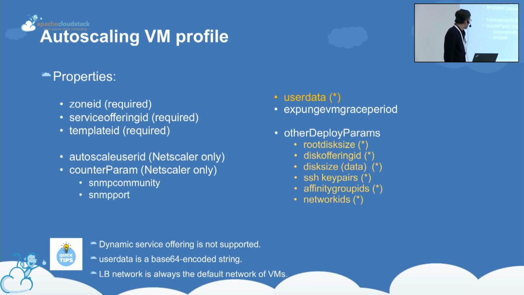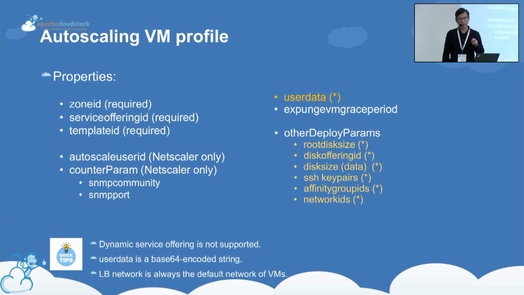Please note, the dynamic service offering is not supported. So the dynamic scaling is also not supported. This feature is not for the VMs. And second, the user data is a base64 encoded string. Some of you might know that since CloudStack 4.18, the user data will be a first-class resource.